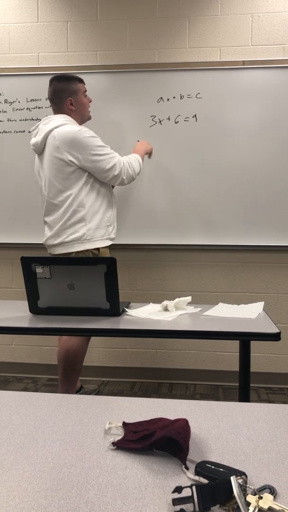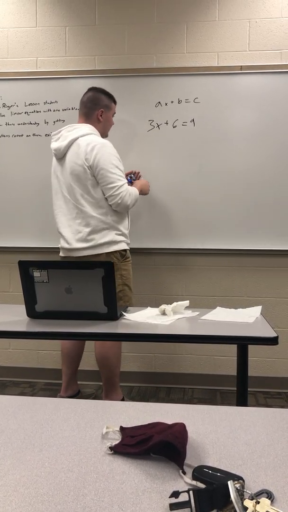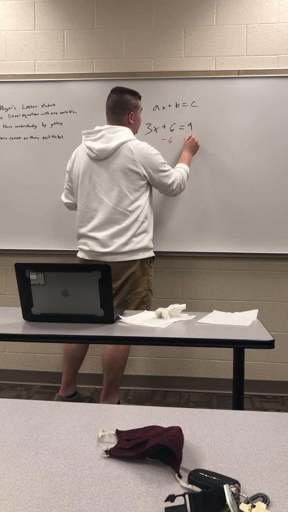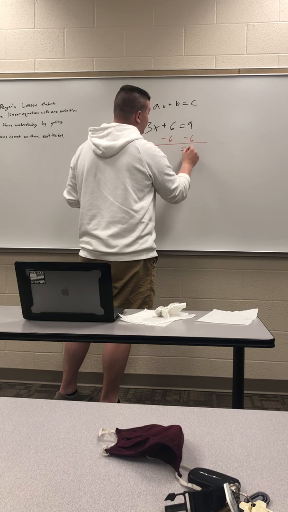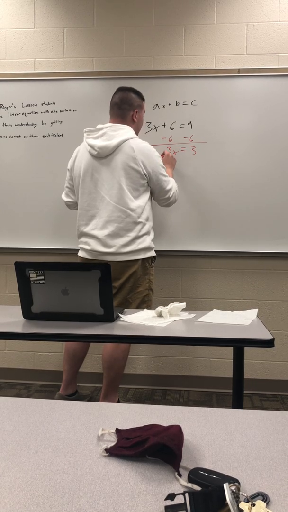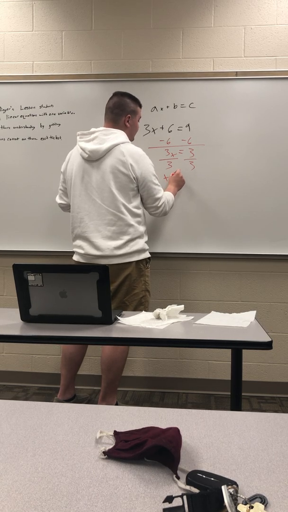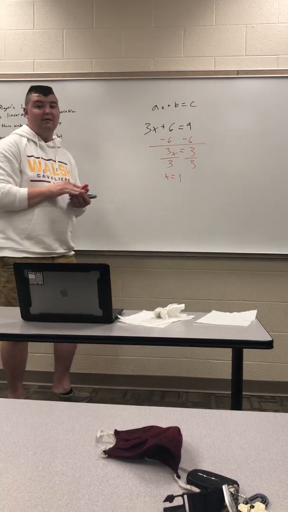Now this is like we're looking like A, B, and C. Okay. So we're gonna move the 6 to the other side. So minus 6 equals 3x. Divide by 3, divide by 3, x equals negative 2. Quick, easy, simple as that, guys.